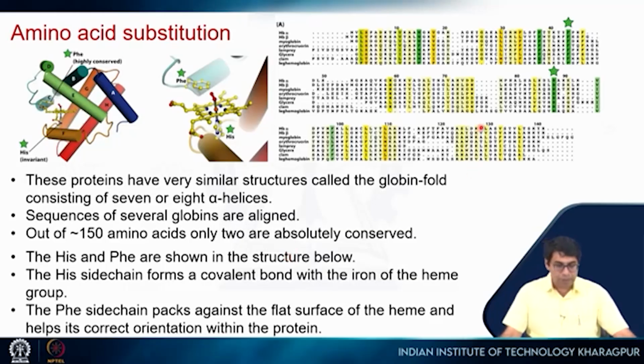So we have already seen this, right, that depending on the protein, some amino acids will be absolutely conserved. Some amino acids which are in a loop can be changed to anything, whereas some amino acids which are in the core will be highly conserved, right. So again, for globin, which had 150 amino acids, only 2 are absolutely conserved. These are the histidine and the phenylalanine.